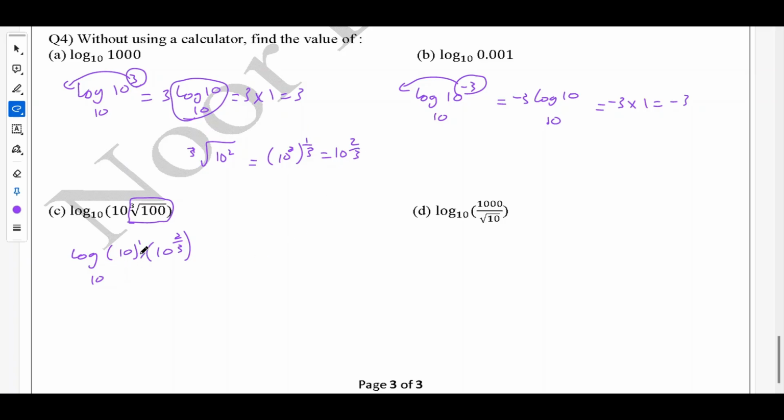The relationship is multiplication, so I'm going to add the 2 powers. So log 10 to the power 5 over 3 to base 10. It will be 5 over 3 log 10 to the base 10 equals 5 over 3 by 1, which equals 5 over 3.